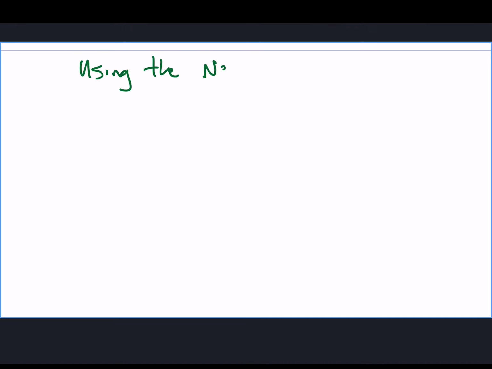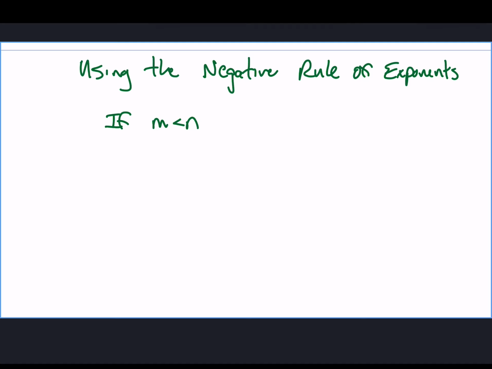All right, new rule. Using the negative rule of exponents. So if we have that m is less than n, those are going to be our two exponents.